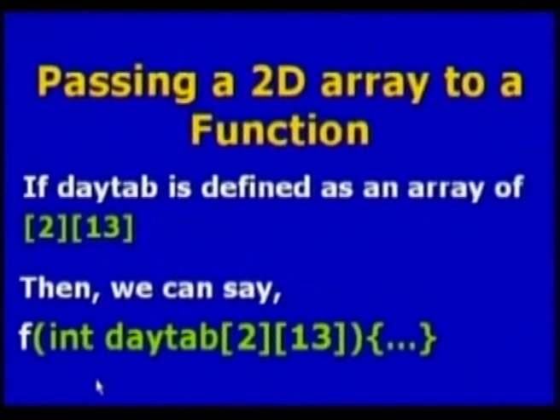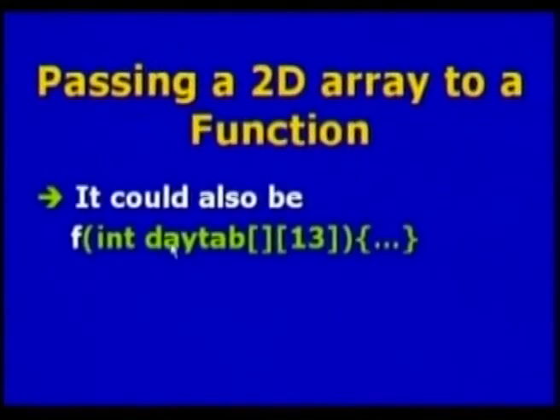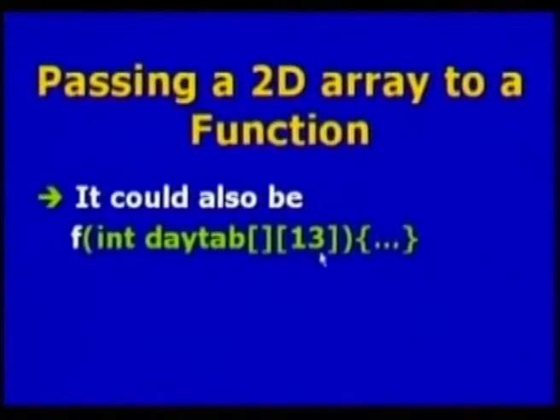If I want to pass it to function f, the parameter would be, assuming the type is integer, int daytab of 2 and 13, explicitly defining the number of rows and columns. However, I don't have to pass this. It's enough to say something like daytab, square bracket, nothing in here, and 13. Because what I'm saying here is that I'm just passing pointers to entries of 13 elements each. And then I do whatever I would like to do inside that function.